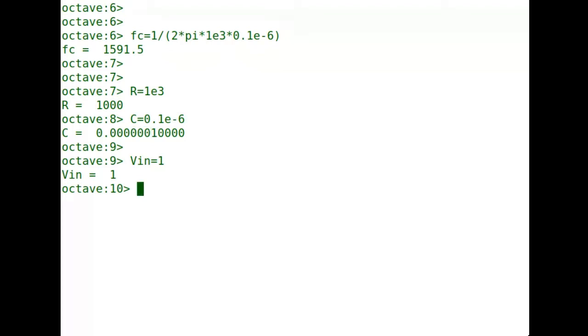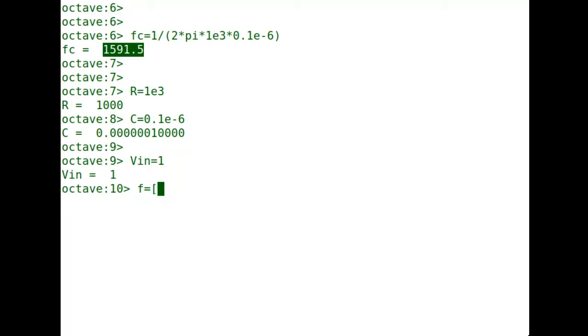But now I need a frequency, and I can build up a range of frequencies. My cutoff frequency is 1,591. So I'm going to go 2 decades below that and 2 decades above it.